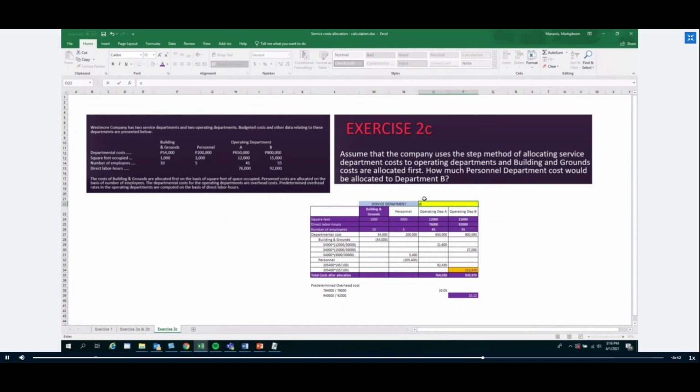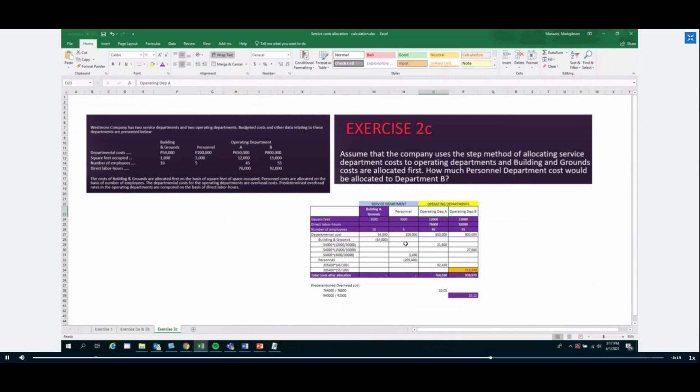Okay? Yun yung direct method, no? Sa step method, even service department costs, binibigyan din ng share yung other service department, no?